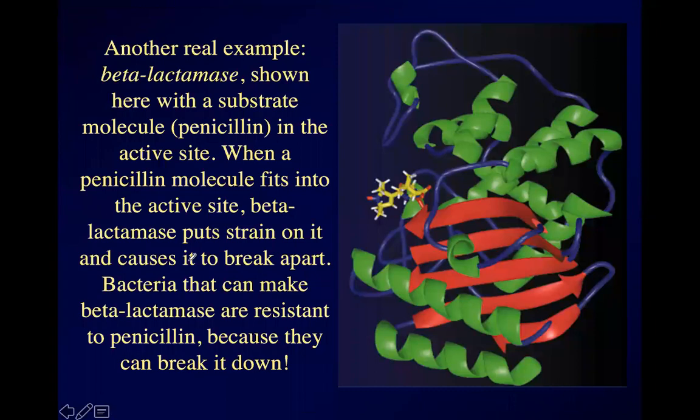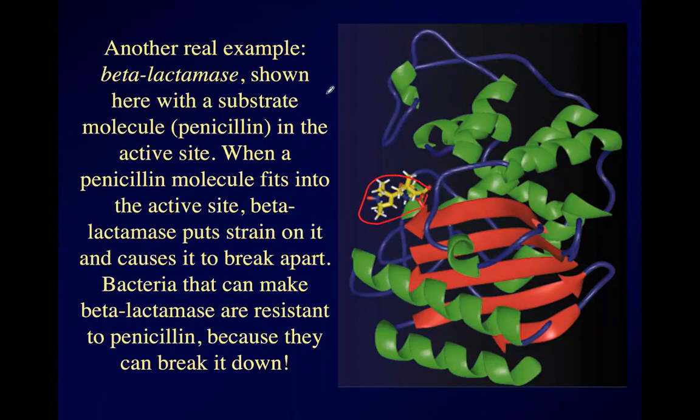One more real example, this is called beta-lactamase. And you should be able to recognize by now it's got helices and sheets. And this little thing right here that's made of yellow sticks is a molecule of penicillin. When the penicillin fits into the active site, beta-lactamase causes it to break apart.